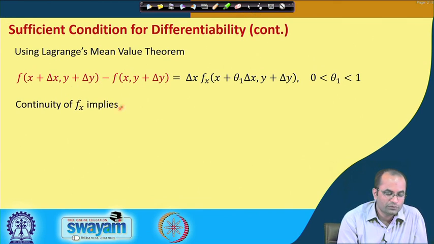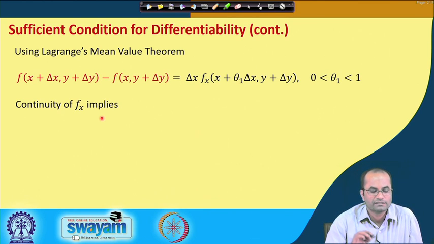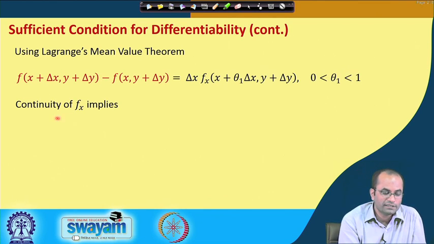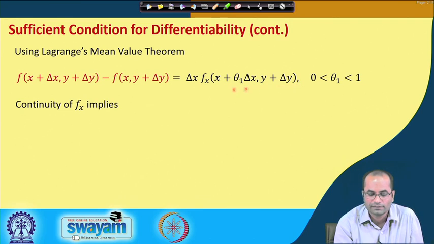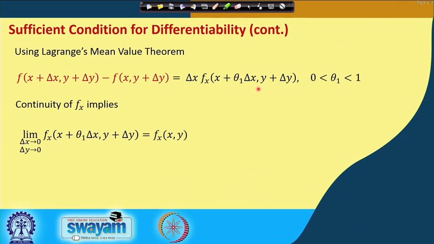Now, we have assumed the continuity of f_x and the existence of f_y, so this continuity of the partial derivative f_x we will apply here. If f_x is continuous and we take the limit as delta x goes to 0 and delta y goes to 0, then f_x(x plus theta 1 delta x, y plus delta y) will simply go to f_x at the point (x, y). This is what we have used now.